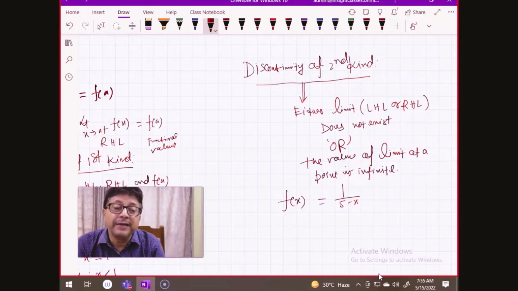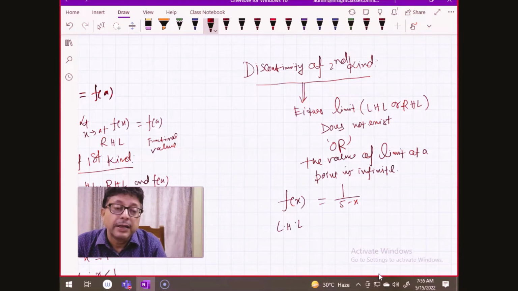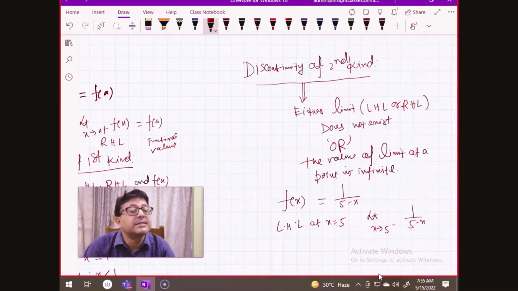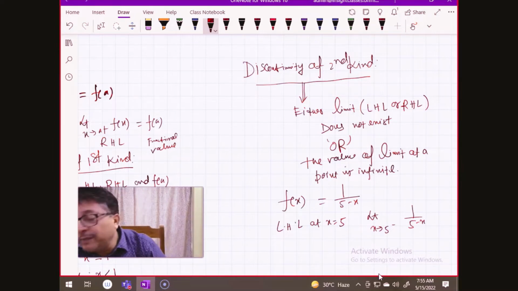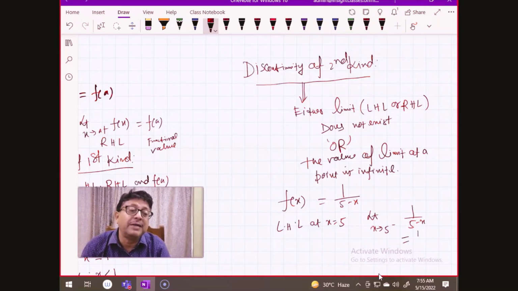Let us calculate the left hand limit at x equal to 5: limit x tending to 5 minus 1 by 5 minus x. This gives a positive quantity, 1 by 0 plus, so the value is plus infinity.